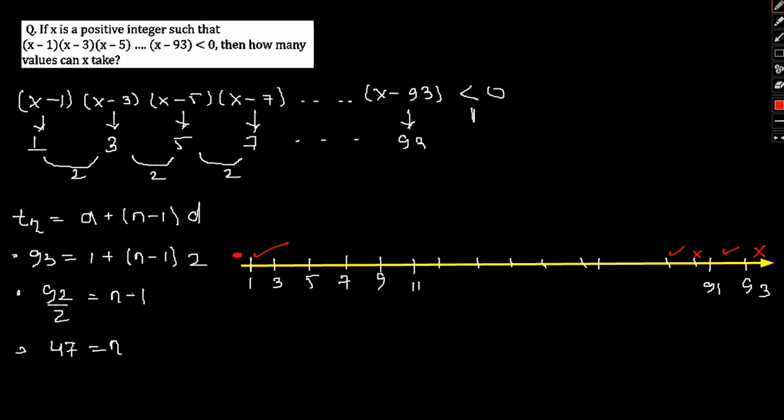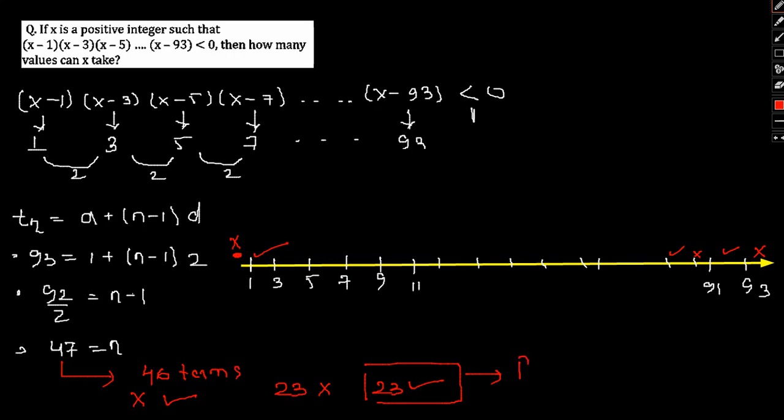We won't consider the region less than 1, because x has to be a positive integer and there we would have negative integers. Since there are 47 terms, up to the 46th term we have one cross and one tick for each pair. So we'll have 23 crosses and 23 ticks, and all these ticks will be our possible values of x.